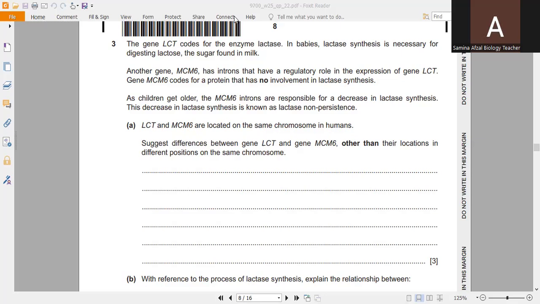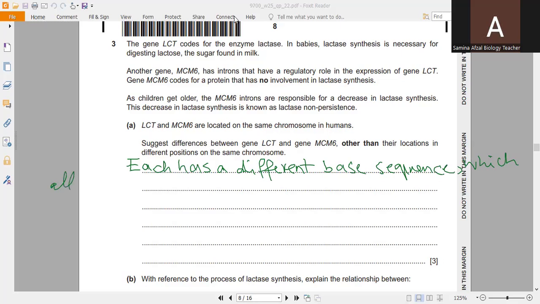So I am going to write all these. First of all, each has a different base sequence which allows them to code for different polypeptides.